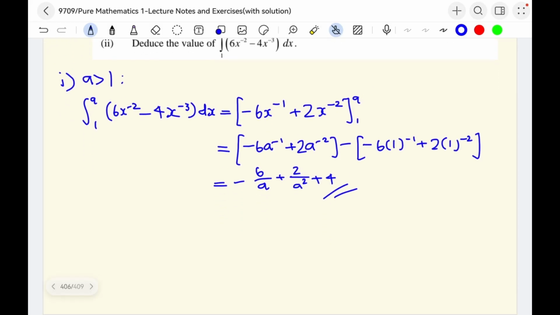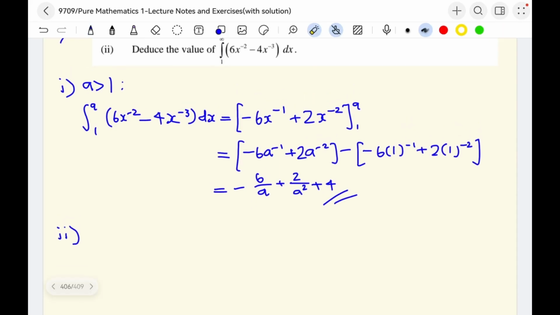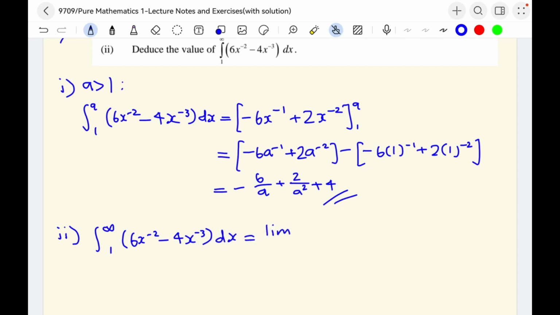Second part: deduce the value of this integral when a approaches infinity. So the integral from 1 to infinity is actually the limit as a approaches infinity of this integral. When it comes to this integral, we can't integrate it directly. Instead, we use a variable to replace it, and in this case we must use a.